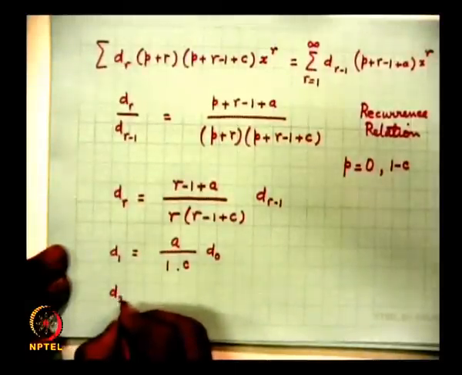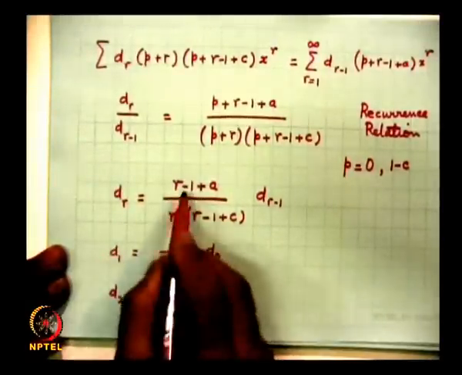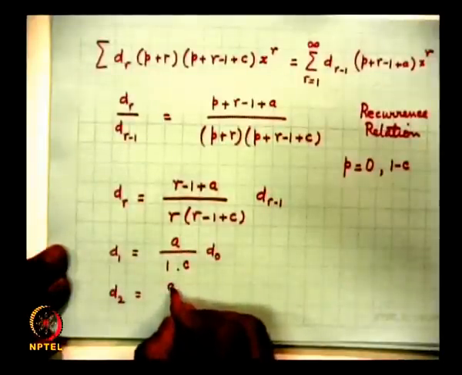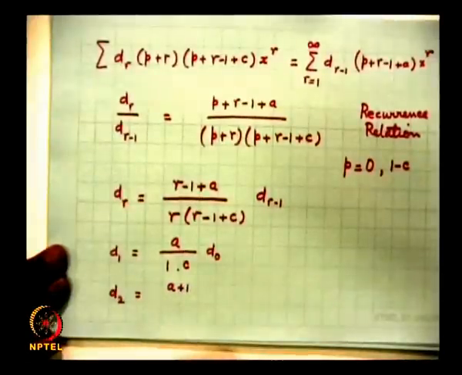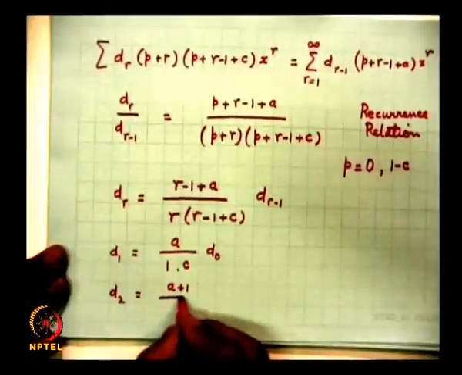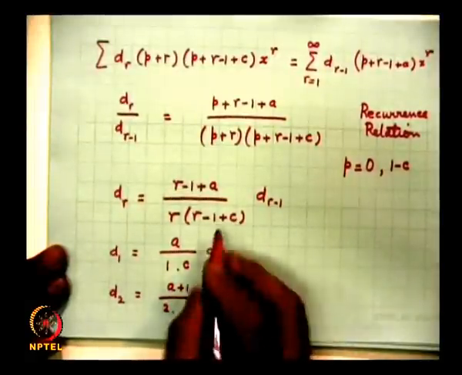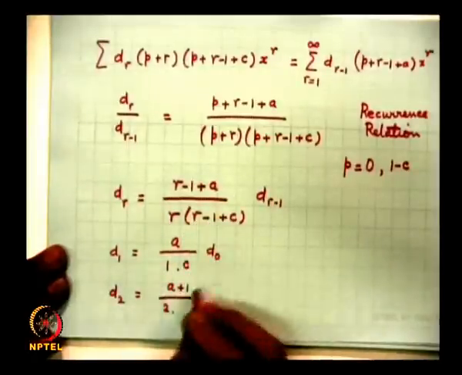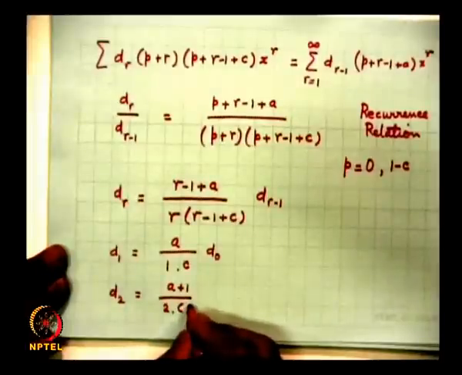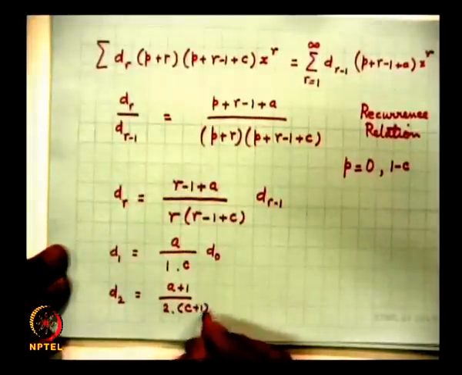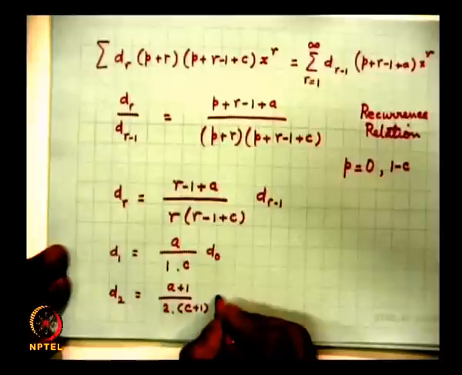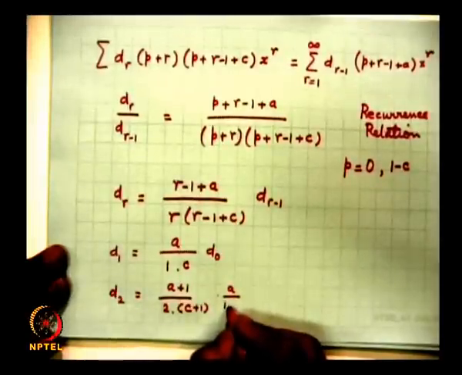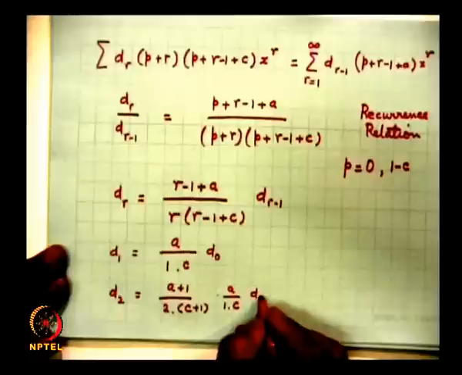d2, so r is 2, so 2 minus 1 is 1. So this is a plus 1 divided by 2 into r is 2, 2 minus 1 is plus 1, so c plus 1, into d1, and d1 is a into 1 into c into d0.